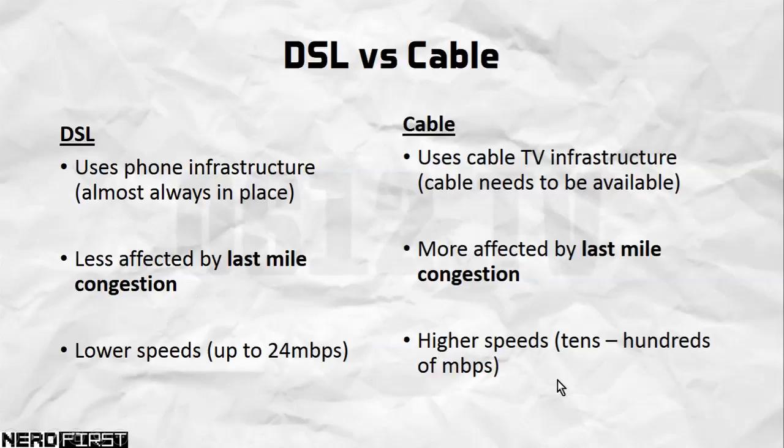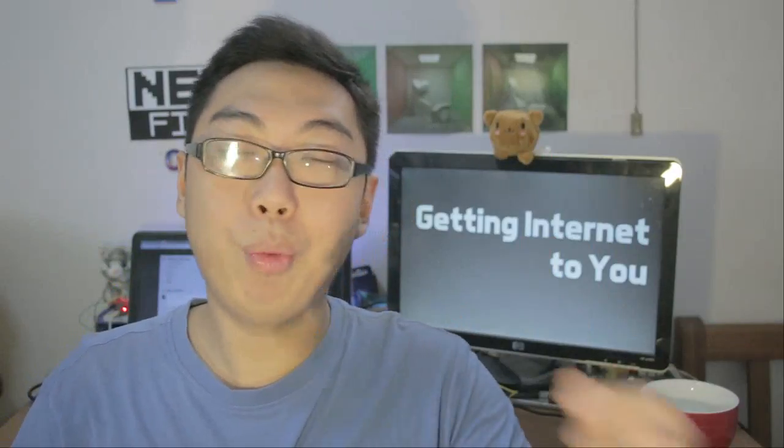Cable, on the other hand, because it is a dedicated cable that is specially run for this purpose, can carry higher speeds, usually averaging around 50 megabits per second, but it can go up to hundreds of megabits. And there you go, that's another way around the problem, right? Again, we're riding on existing infrastructure, but because the cable is actually run by the company, they are able to tweak it up and ensure that it meets their specifications.